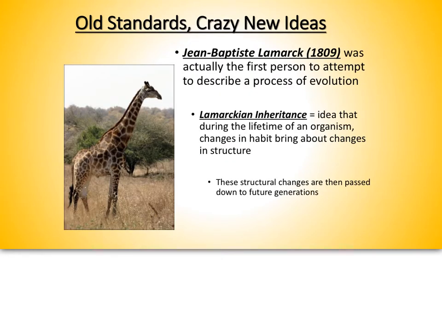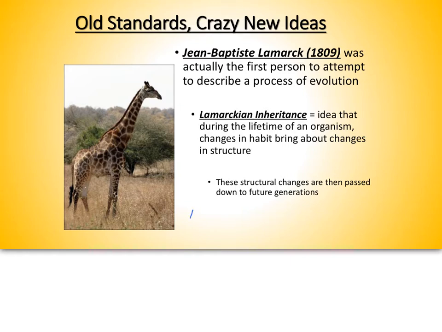Now, another person who agreed fully with Hutton and Lyell was a French guy named Jean-Baptiste Lamarck, and you might remember Lamarck's name from when you were freshmen. Lamarck was one of the first people to really document an explanation for evolution. And Lamarck came up with an idea that you might want to write down.